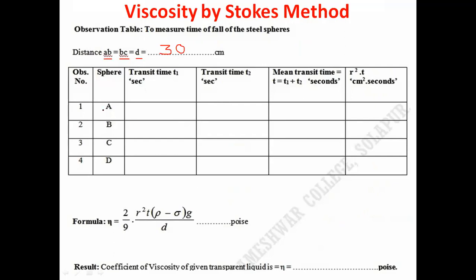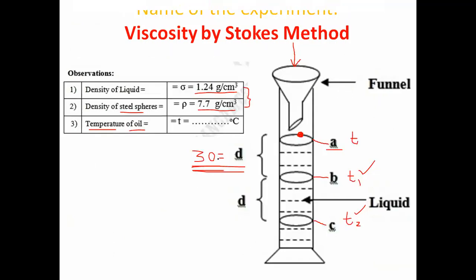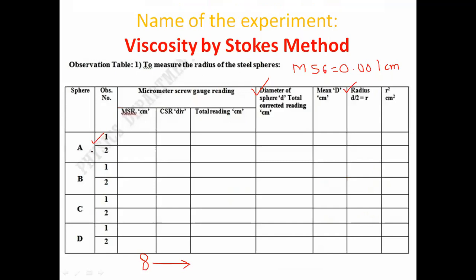So for sphere A, note that we have two spheres of A. Suppose for example, the mean diameter of this first sphere is 0.367, and suppose here I write 0.363.